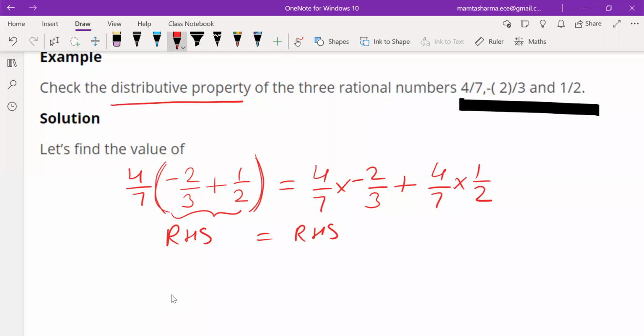In the right hand side, first perform the multiplication of these numbers and then perform the addition, because here we have distributed this 4 by 7 to this. Ma'am, one minute, I'm getting the answer.